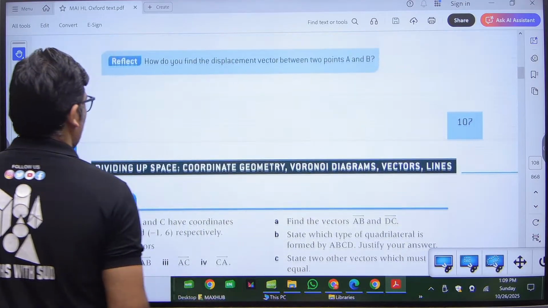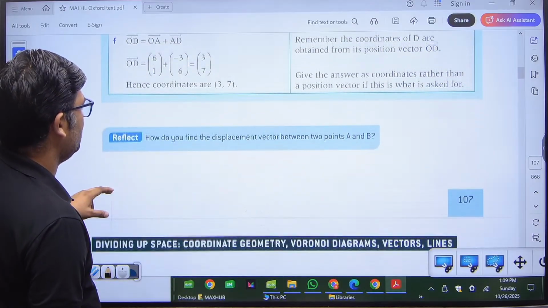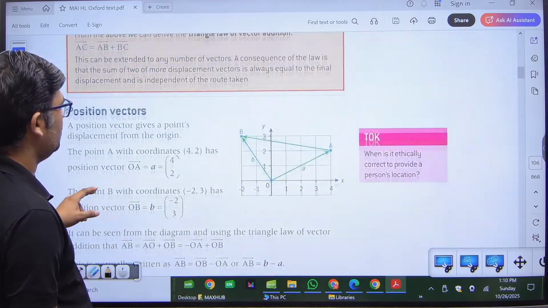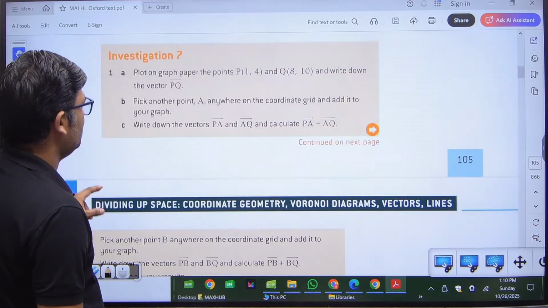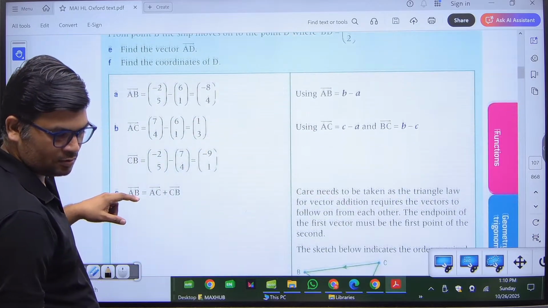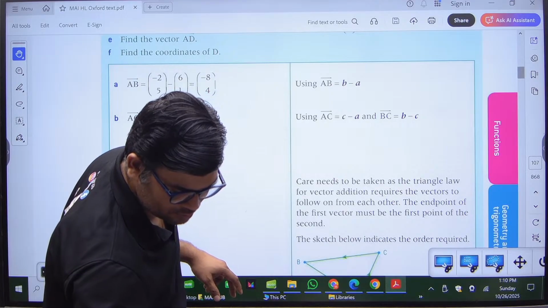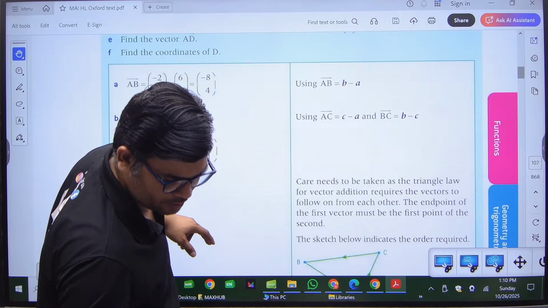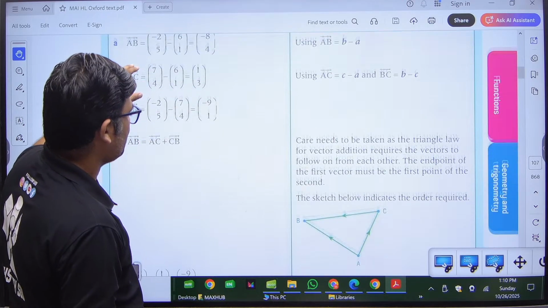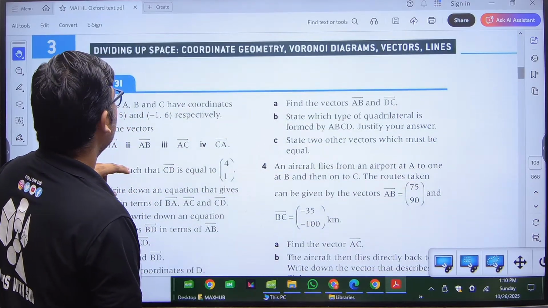Okay. In the PDF. To the page below this. Okay. This one?